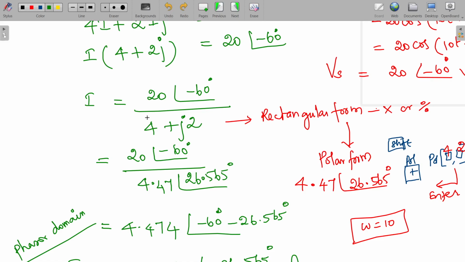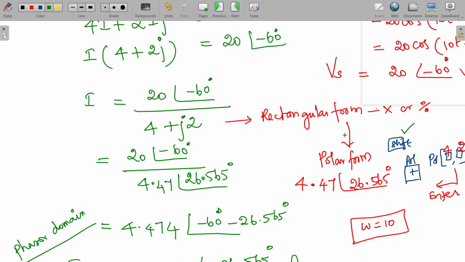Here we have to perform this division. Whenever you do division, we prefer to have the values in polar form. This is in polar form, but this is in rectangular form, so we have to convert rectangular form to polar form. How do you do it using the calculator?